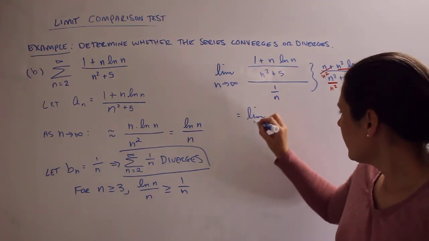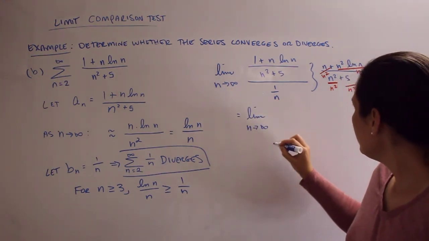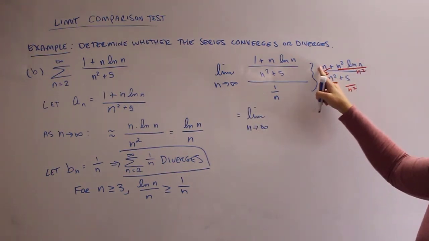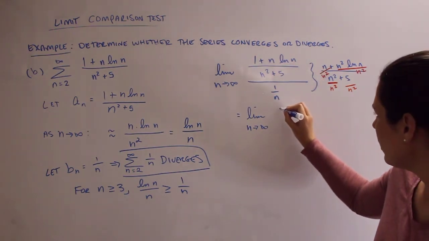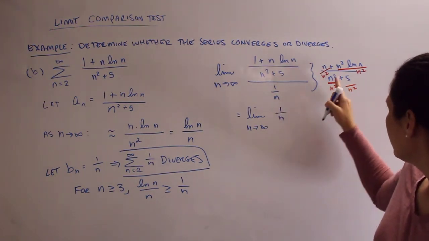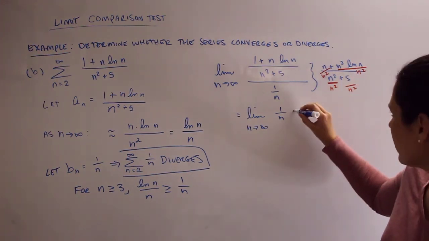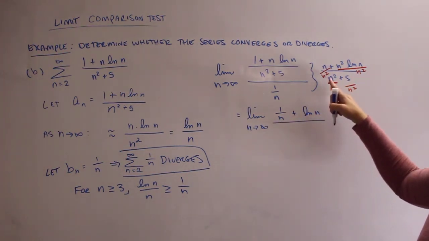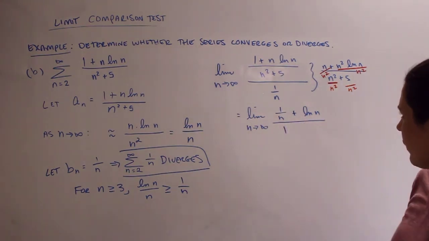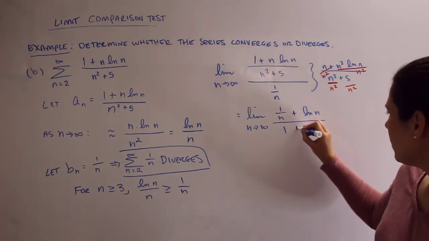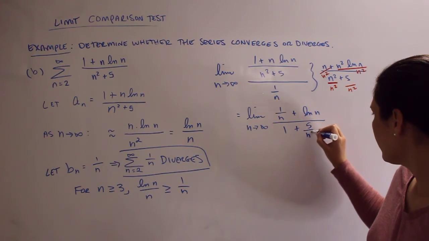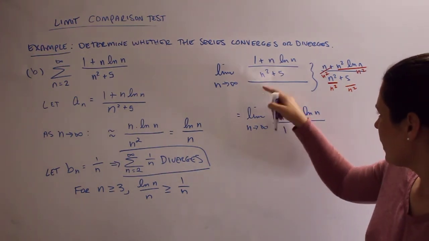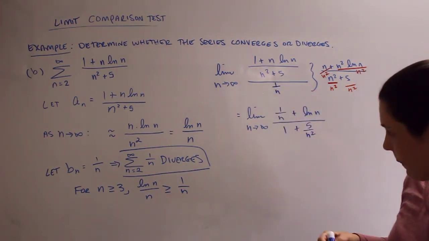The limit as n approaches infinity of 1 over n, plus natural log of n, since the n squared divides out, over 1, plus 5 over n squared. Let me move this up so it's not in the way.